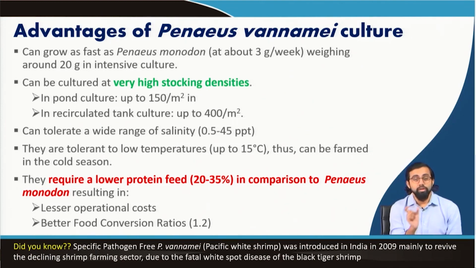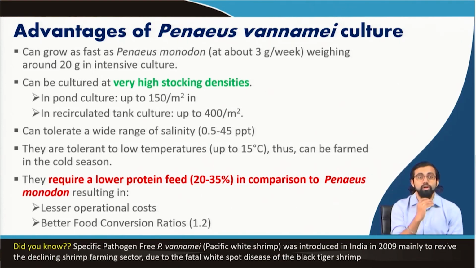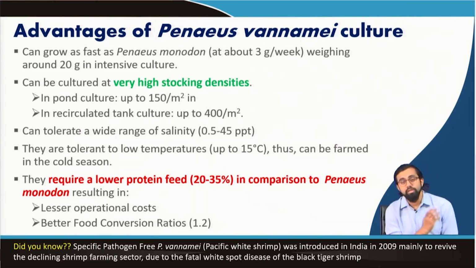It can also tolerate a very wide range of salinity, as low as 0.5 ppt to 45 ppt. But again, if you can provide the proper salinity range, it will grow faster, so it will not be in a stress condition. Though it will not get killed when the salinity level goes down or up because of a certain situation.